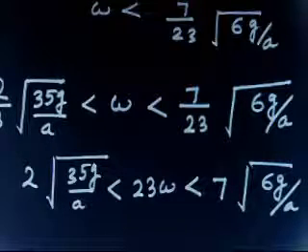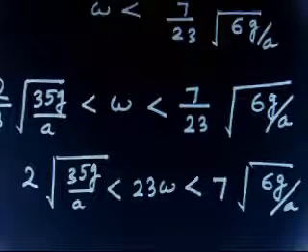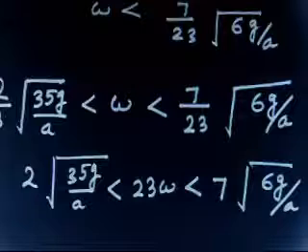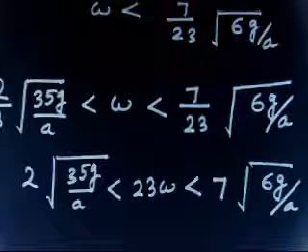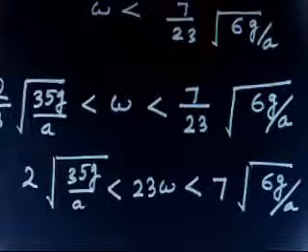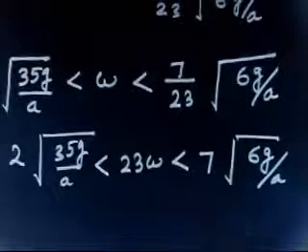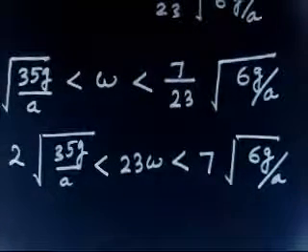So in that case it will lose the normal reaction. And if you are in the middle, between the minimum and maximum, it will surmount and keep rolling. So that's why we have a limit of omega. It should not be less than this value, and it should not be greater than this value. So this is the minimum limit, this is the maximum limit for omega. We'll discuss the next problem.